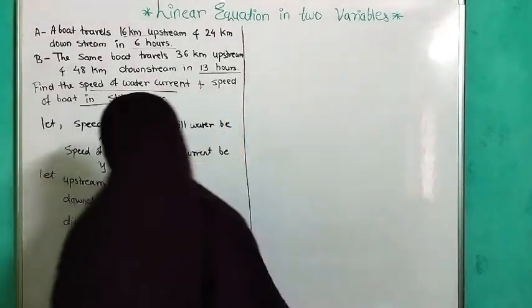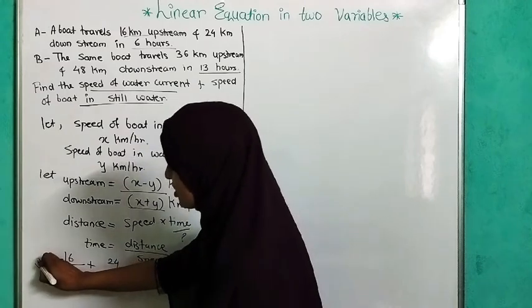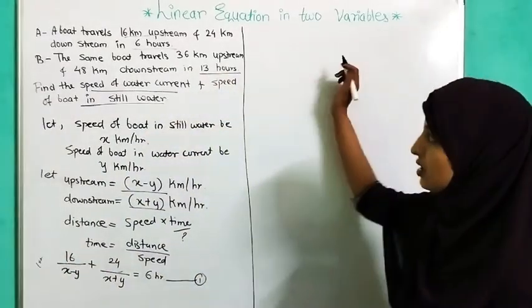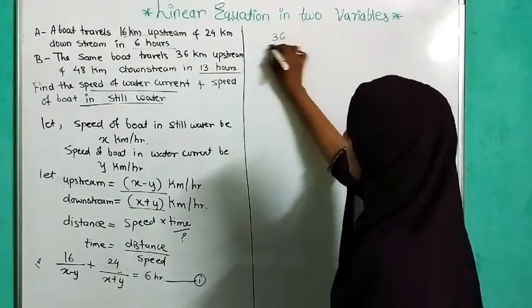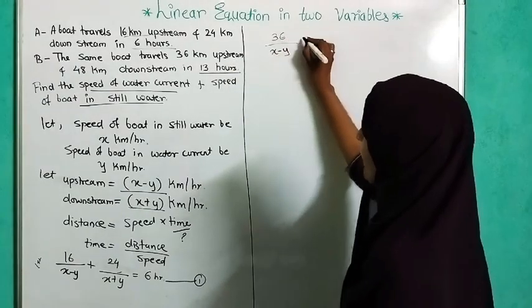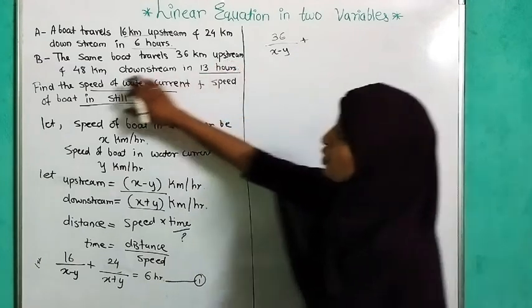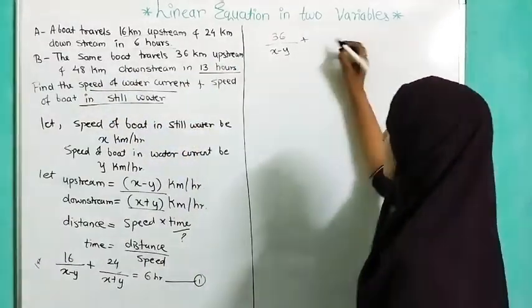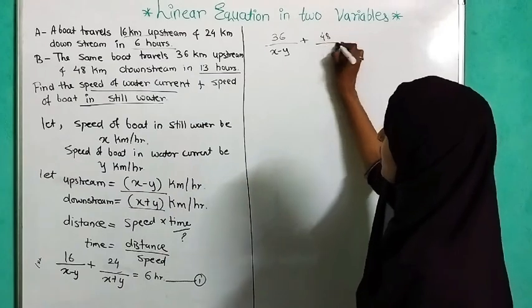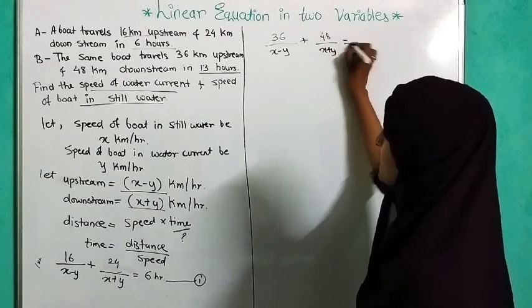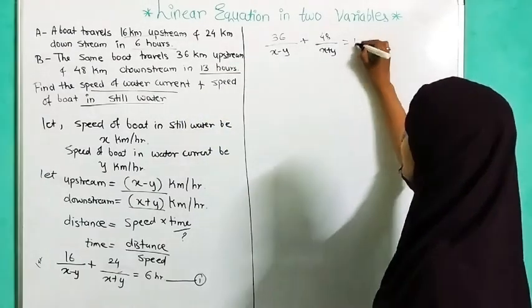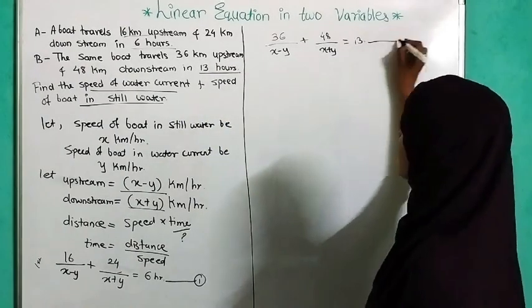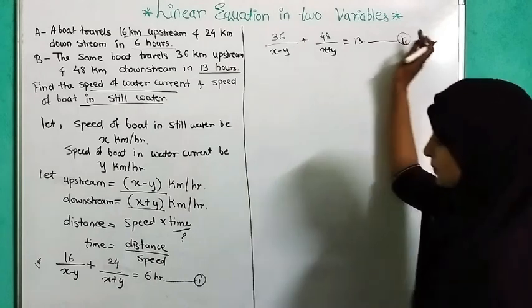Now according to the second condition, they have told upstream 36 upon x minus y plus 48 kilometer downstream, so 48 upon x plus y is equal to 13 hours. This is equation number 2.